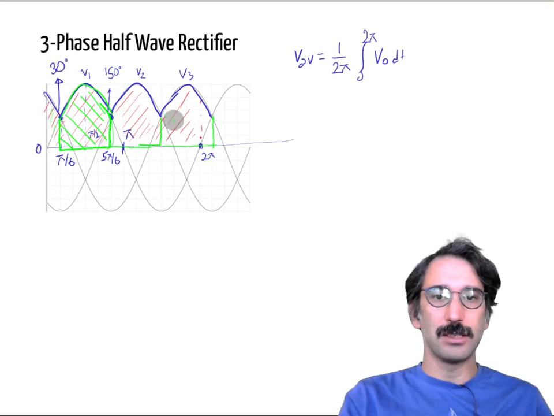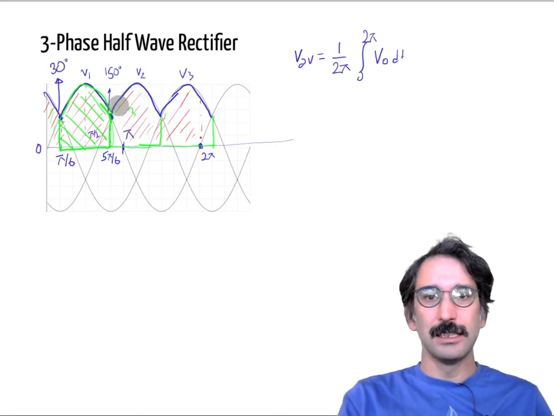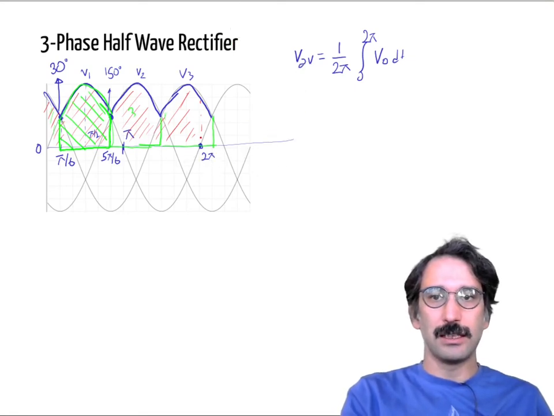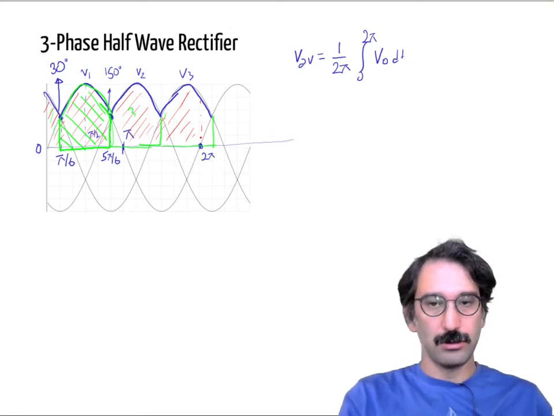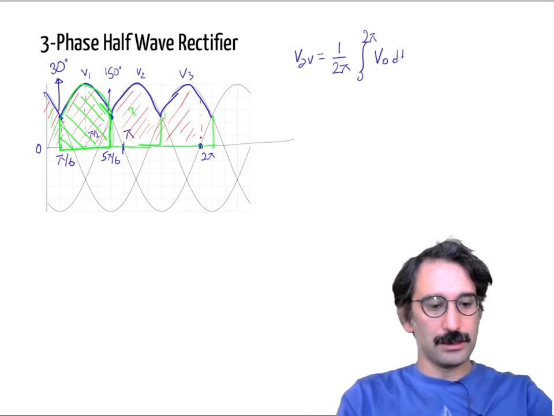That region is symmetrical to here, so you have 3 of those things. So if I calculate the green area and multiply it by 3, I can get the whole red area. Then I can divide it by 2π and get the average voltage. So let's try to make that calculation.